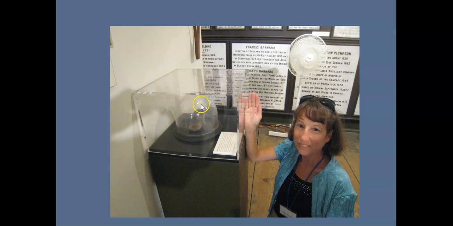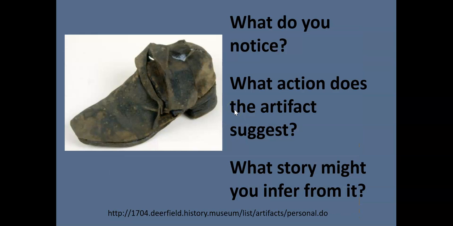One bit that might help you is to see the size of that artifact compared to my hand. Again, you can see it's a pretty important artifact. It's in double casing, so people like me can't try to touch it. But it is smaller than my hand. So that might add to the story that you infer from this. Who would use this?